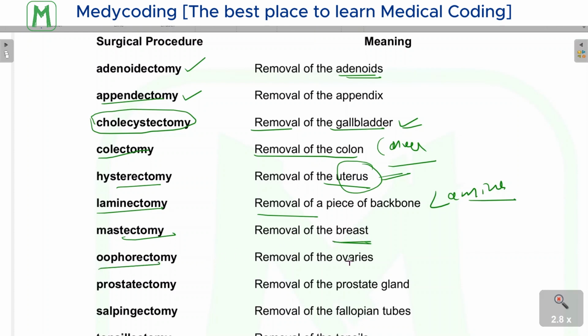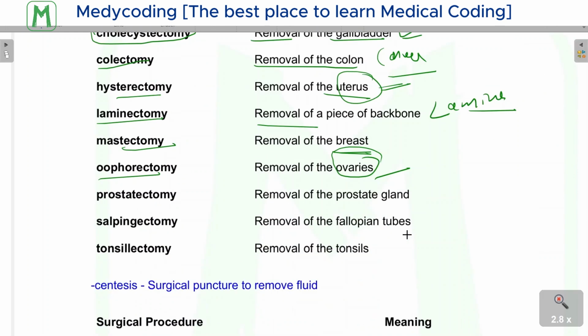Oophorectomy, removal of the ovary. Prostatectomy is the removal of the prostate gland. Salpingectomy, removal of the fallopian tube. And tonsillectomy, removal of the tonsil gland.